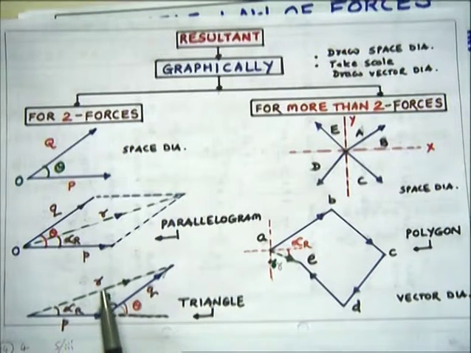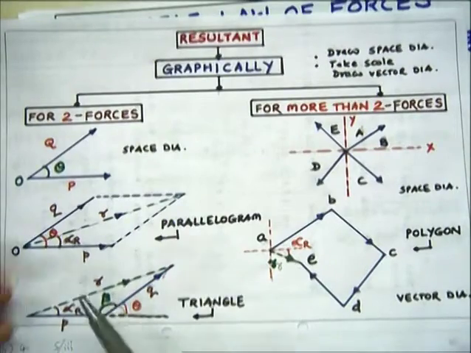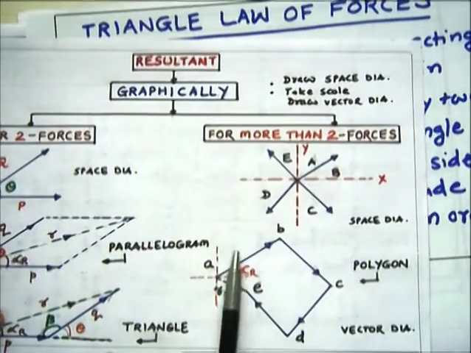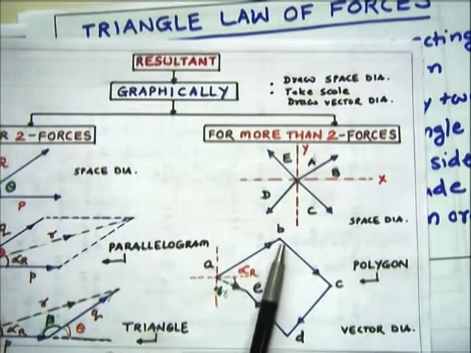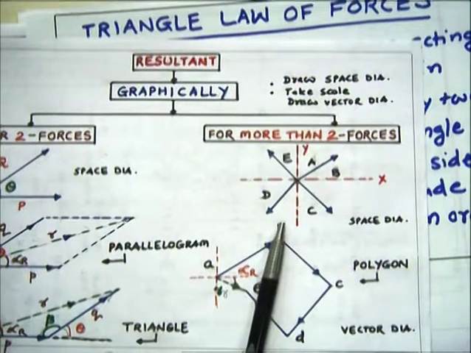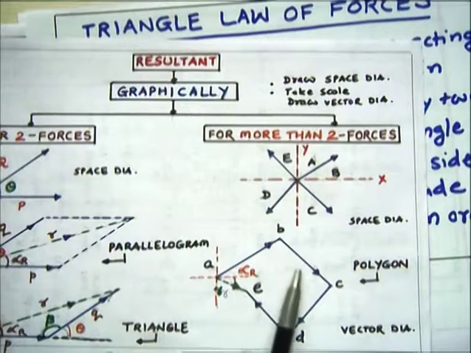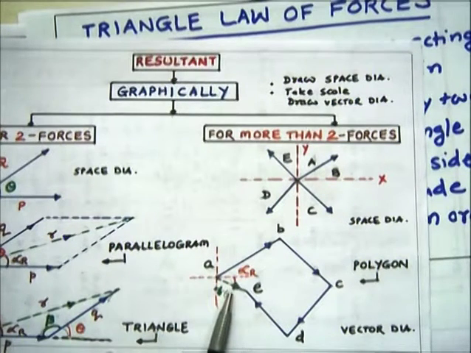Then the third side of the triangle gives us the resultant force in magnitude but opposite in direction. And in the polygon method, we draw a force polygon taking each force as per its magnitude and direction, and the closing side of the polygon gives us the resultant force, but its direction will be reversed.